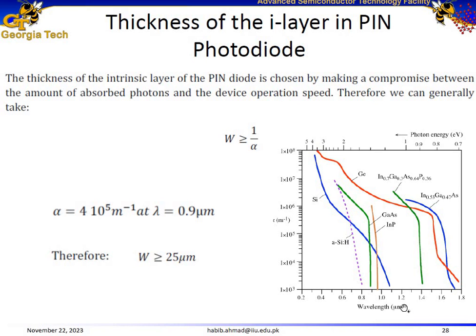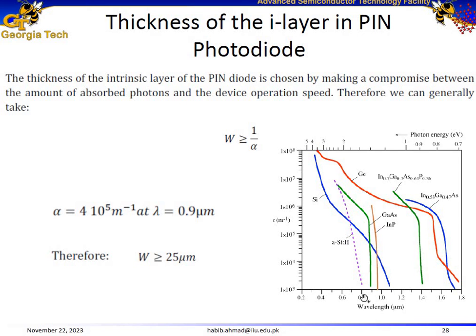Now how about another wavelength? For example, assume a wavelength of 800 nanometers or 0.8 micrometers. We get to this point where our absorption coefficient is 10 to the power of 5 per meter. So our absorption depth would be 1 over 10 to the power of 5, or 10 to the power of minus 5 meters, or 10 micrometers.